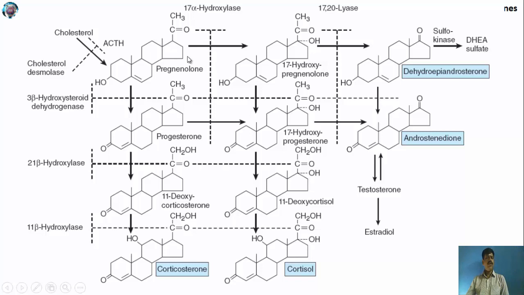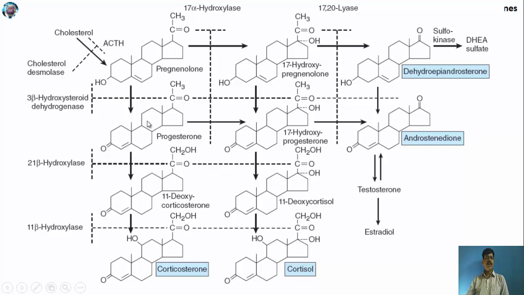Then this pregnenolone might undergo another reaction, where you can see the 3-beta-hydroxysteroid dehydrogenase. You can see the change of the double bond, as well as the hydroxyl group being converted into a keto group.